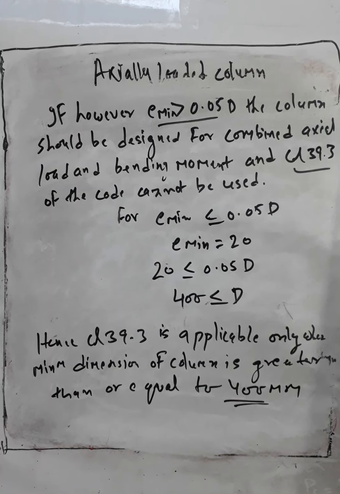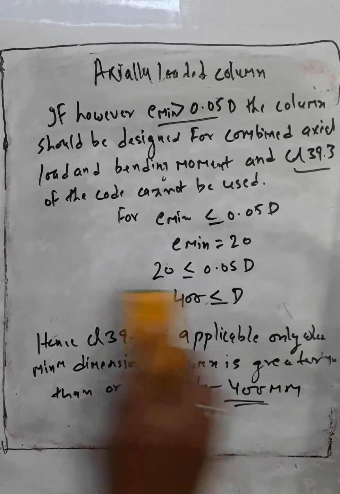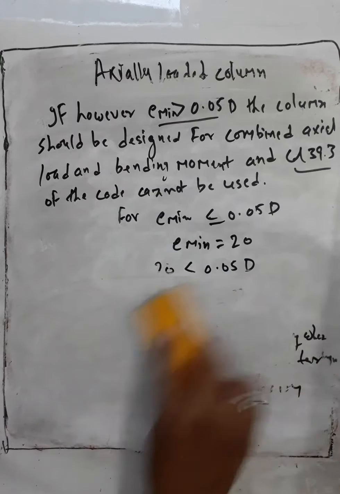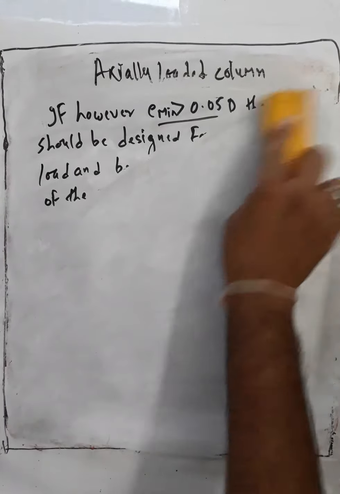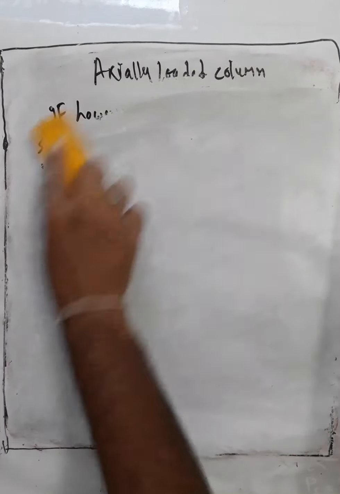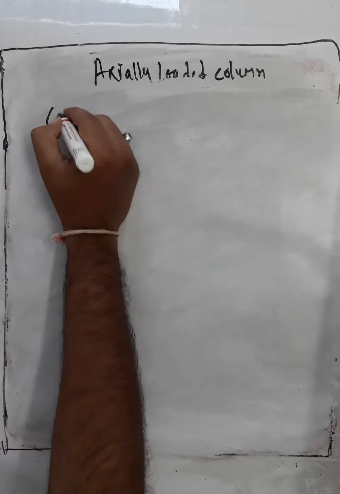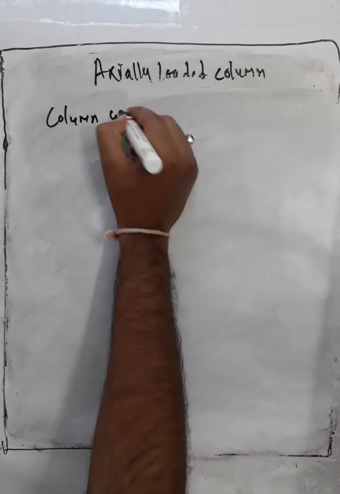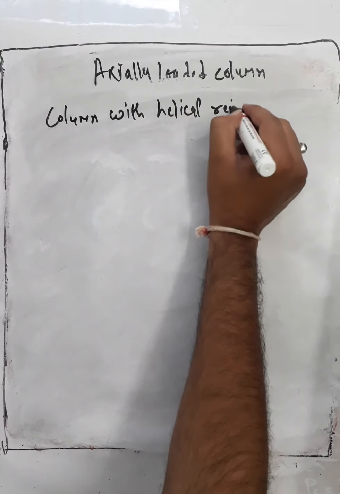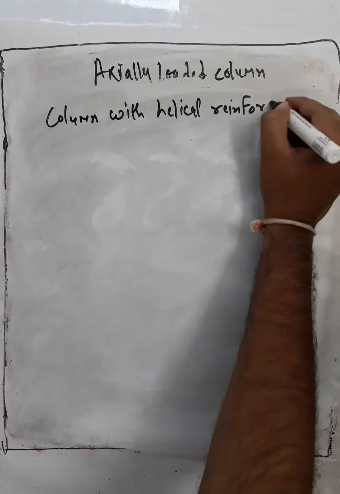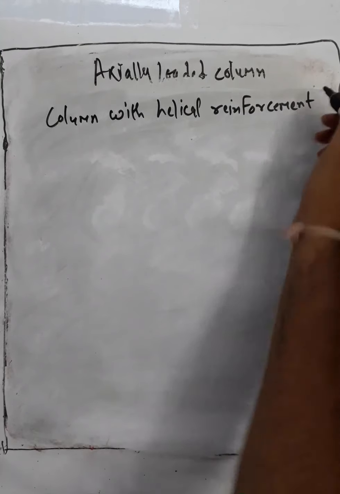So this is the method for analysis of the short axially loaded column. Now we see some formulas given for helical reinforcement. Here our topic is column with helical reinforcement, which is provided in spiral shape.